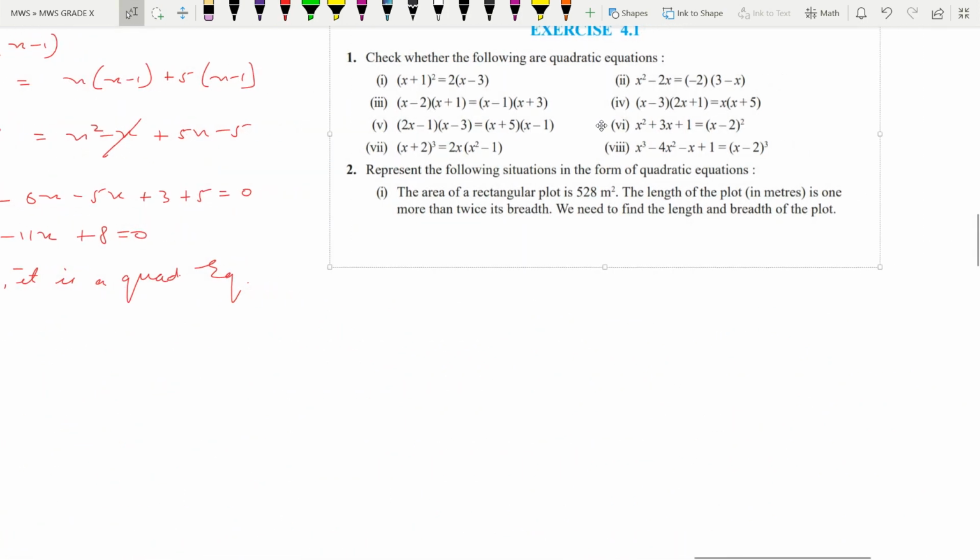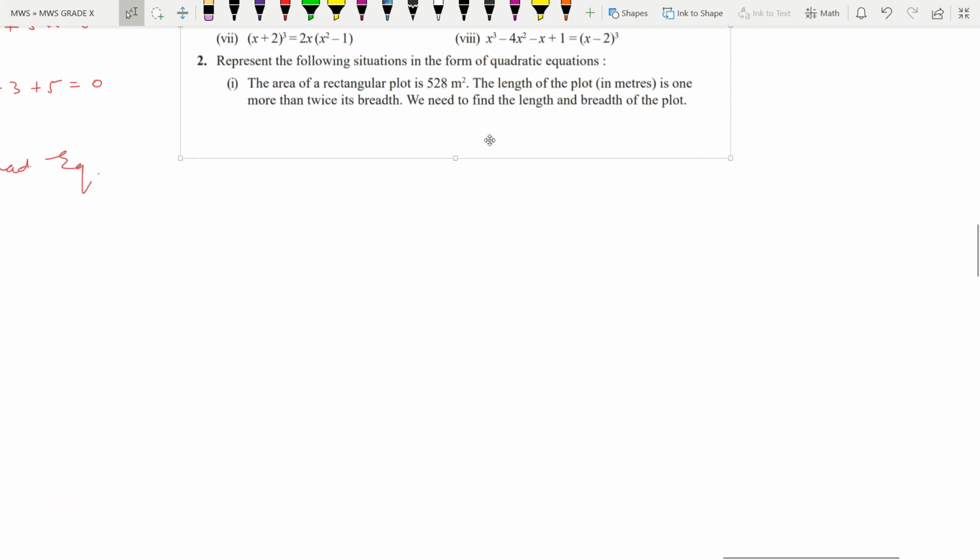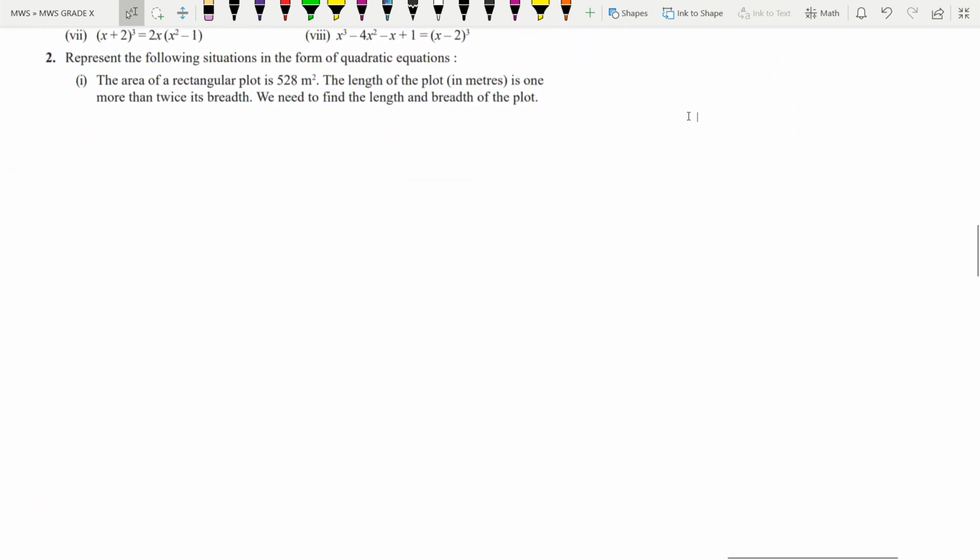Moving further with question number 2. In question number 2, first part, just go with the flow of the statement. Area of the rectangular plot is 528 meter square, and length is 1 more than twice its breadth.